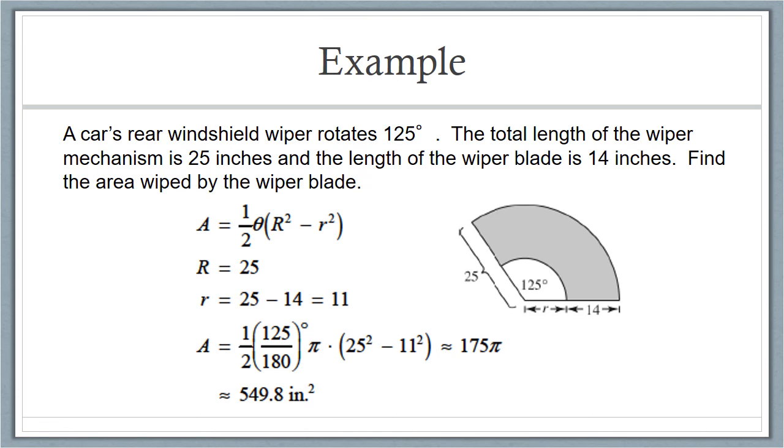And then you subtract the two areas. What they've done here is combine those two formulas into one. So you can do it the way they're doing it here, or, like I said, you can find the area of the outer sector, the area of the inner sector, and then just subtract them. Either way, you're going to get 549.8 inches squared.